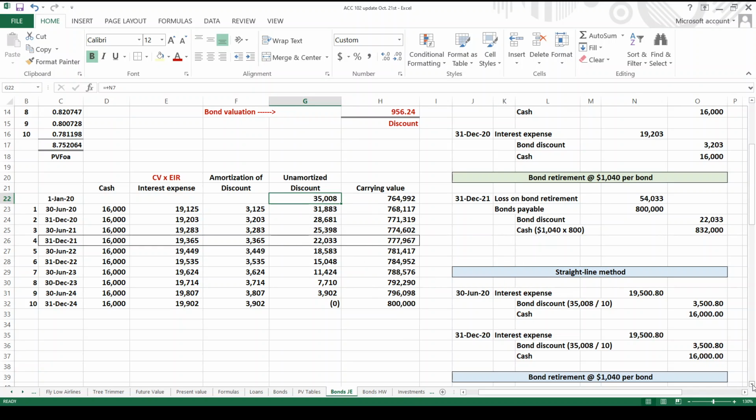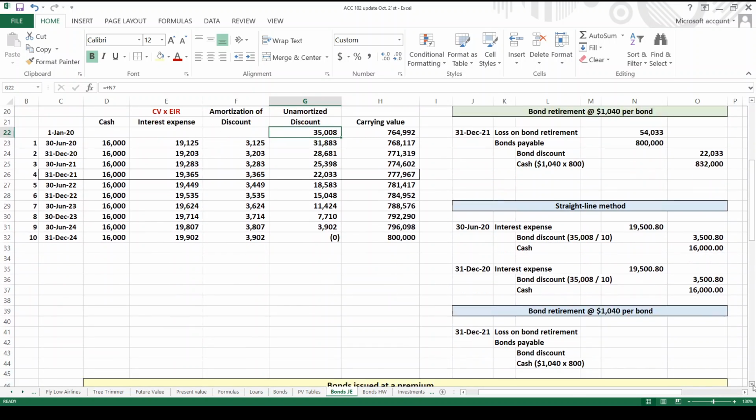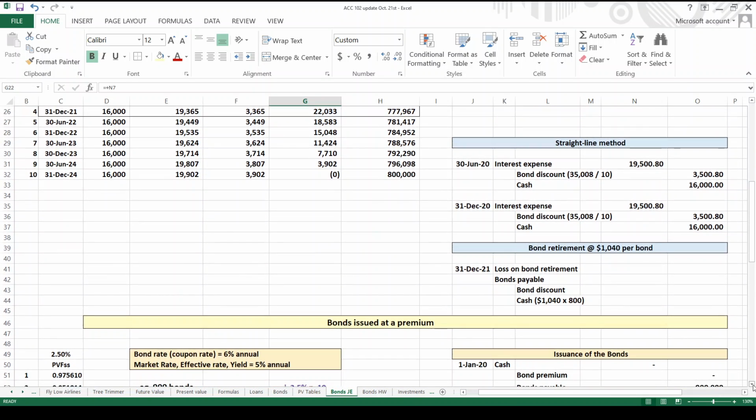Now, what if we retired the bonds at $10.40 per bond? Well, this would be the same, right? This would be the 1040 times 800. Okay, 832,000. The bonds payable, that's 800,000, right? So we have to find the unamortized bond discounts because we don't have a chart, right?